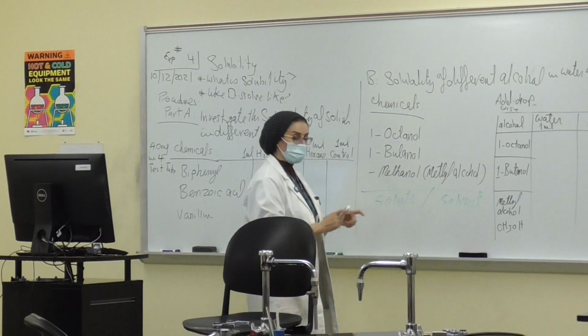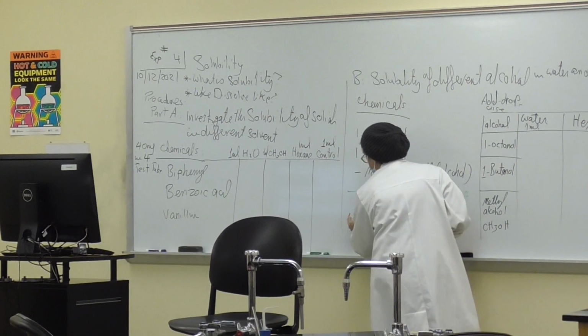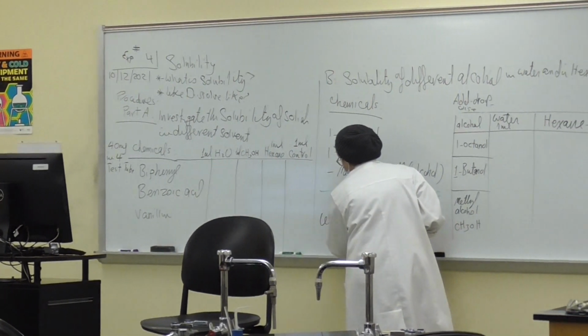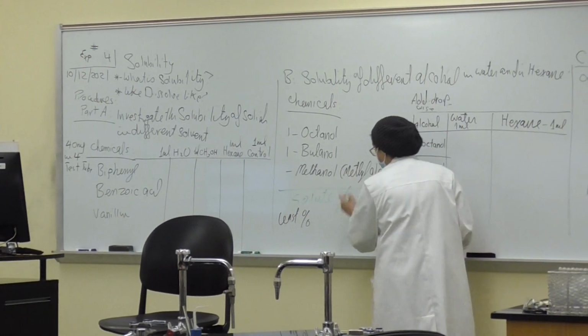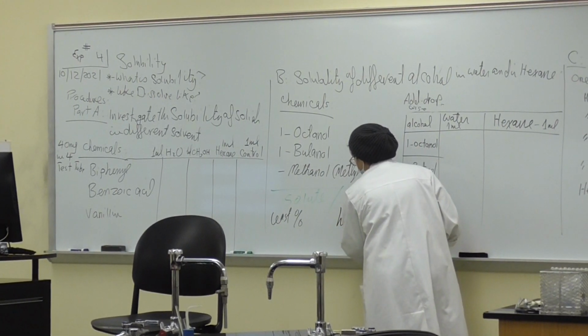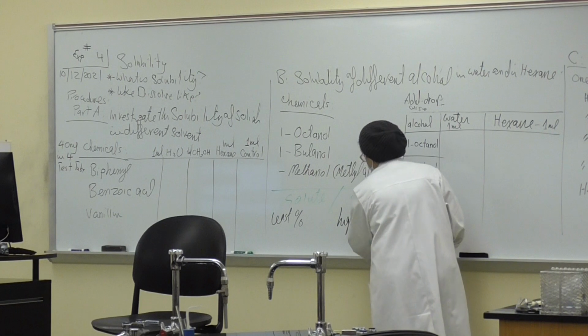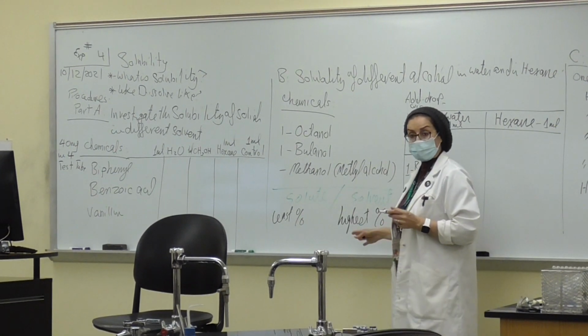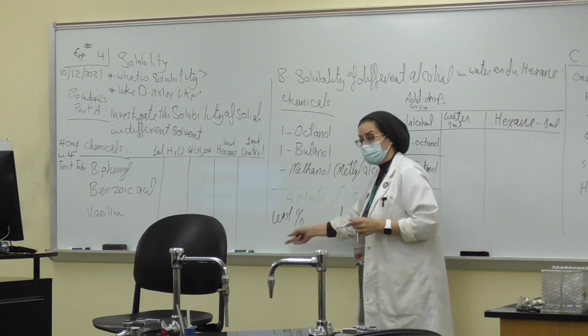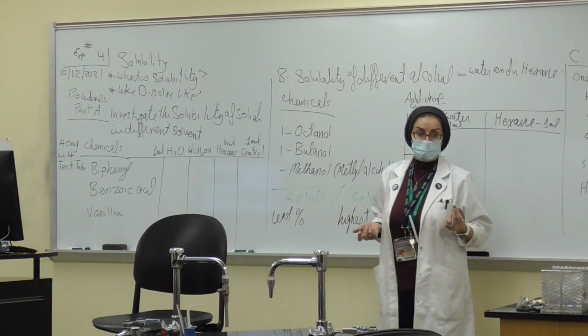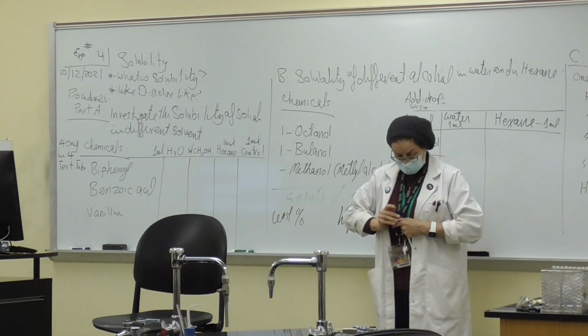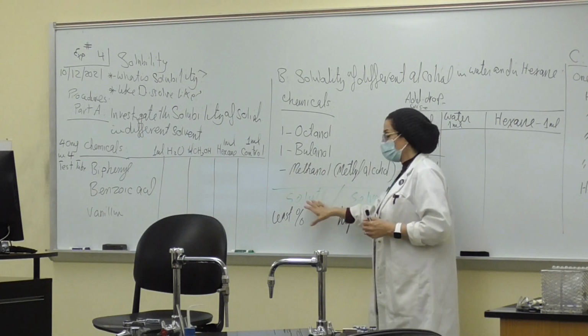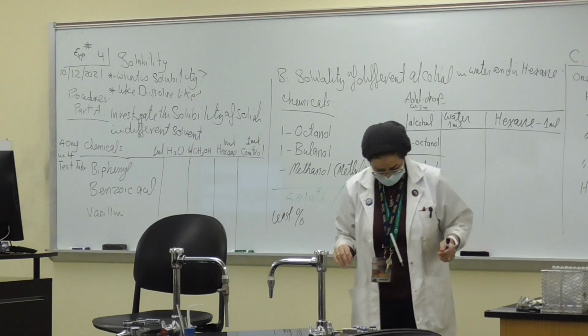So the solute is going to have the least percentage, and the solvent will have the highest percentage. So if we, let's say, have 20%, this has to be 80%, right? And if I have 1, the rest is going to be 99, okay? So percent-wise, solute is always going to be less than the solvent.